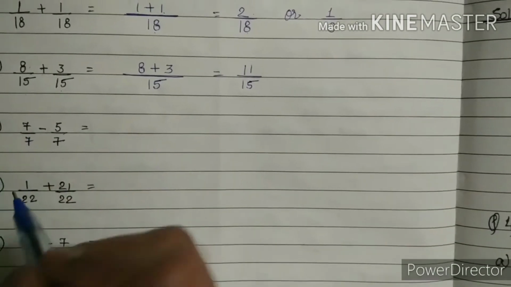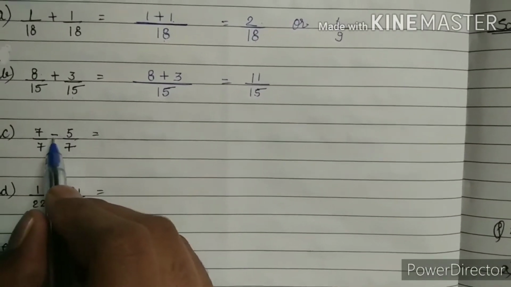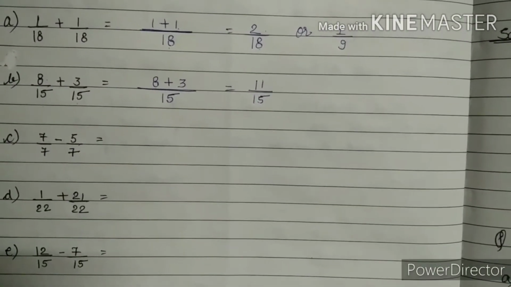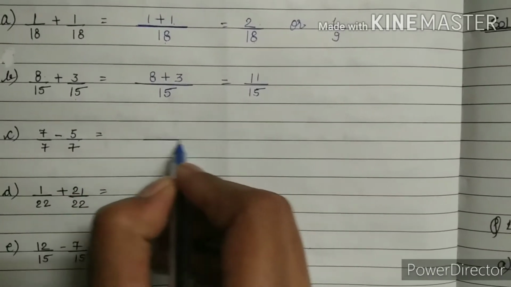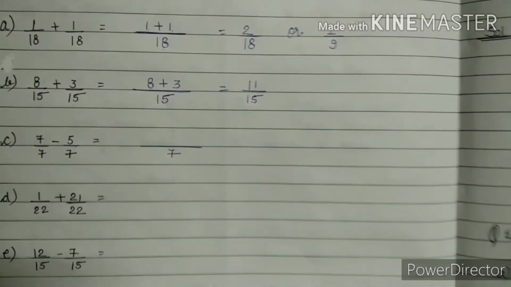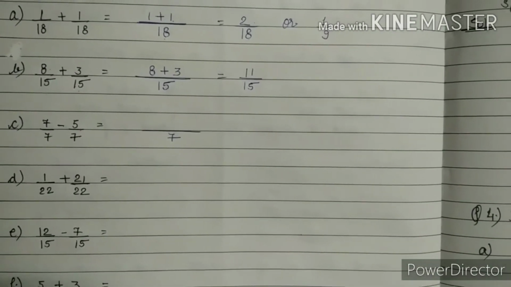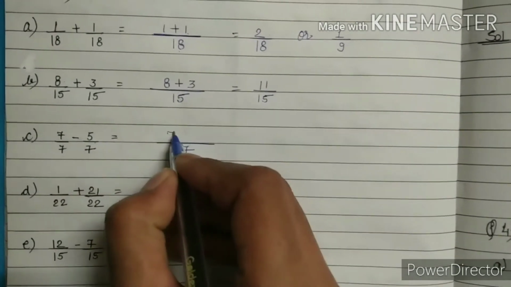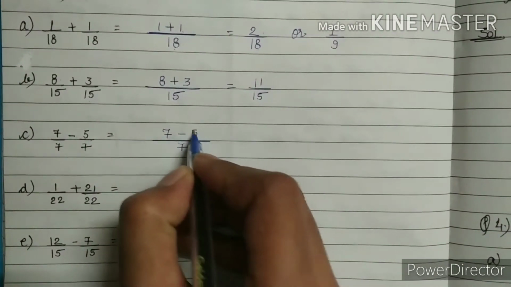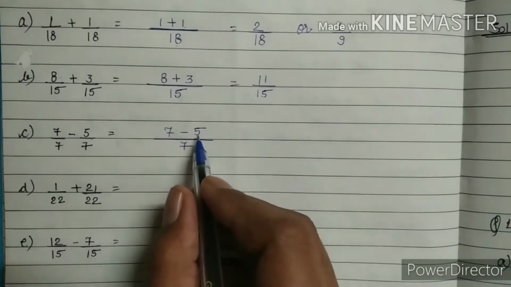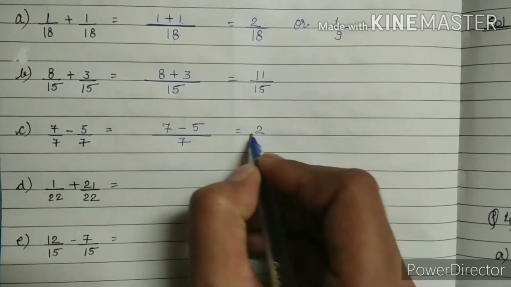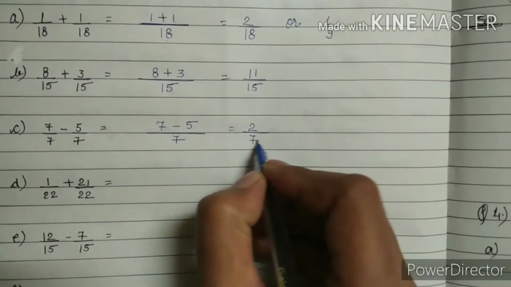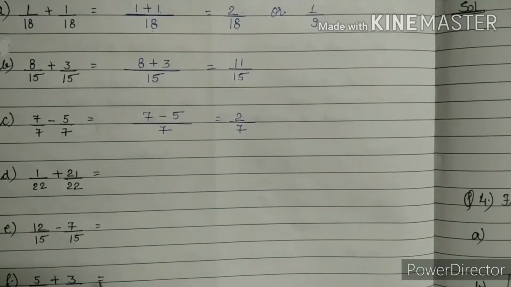C, we have to subtract: 7 by 7 minus 5 by 7. You can see the denominator is the same, that's why we write it one time, and the numerators come together, so 7 minus 5 is 2 and denominator 7 will come as it is.